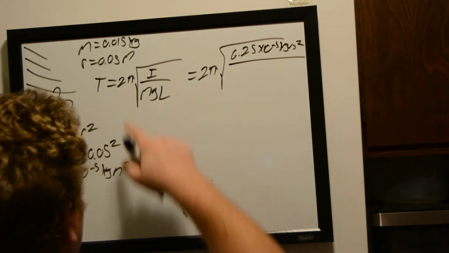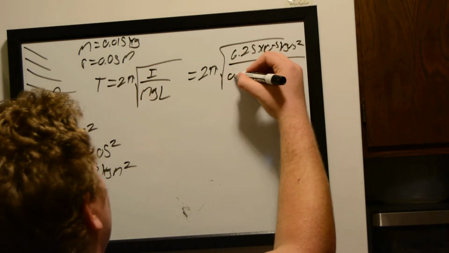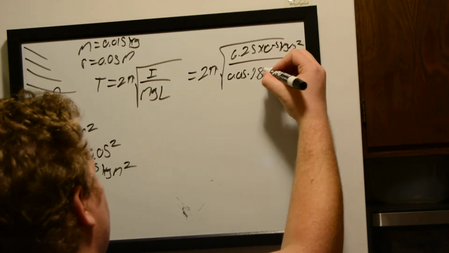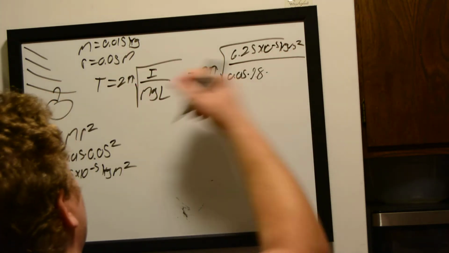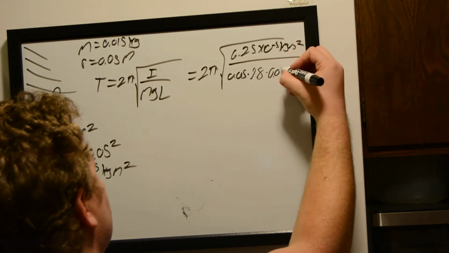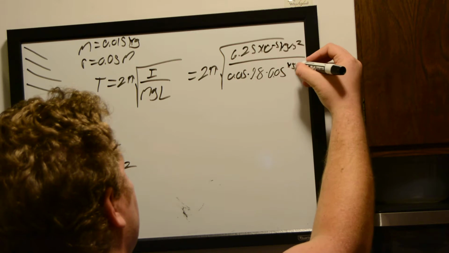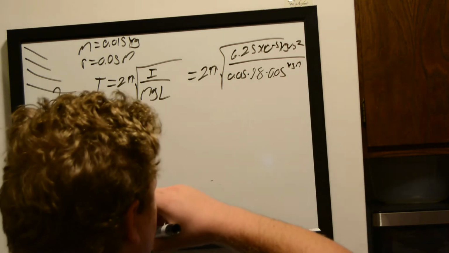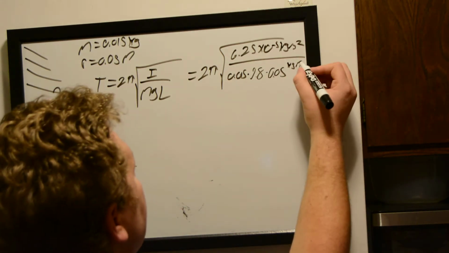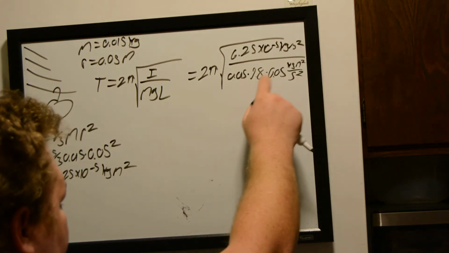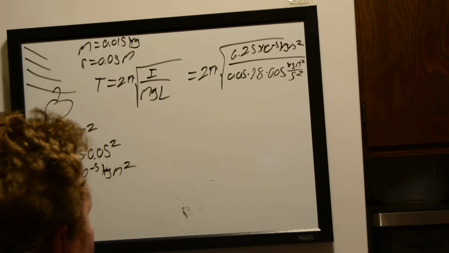And that's going to be over our mass, which is 0.015, times our gravity, which is 9.8, times our length, which is our radius, 0.05. And that's going to be kilogram, meter, meter squared per second squared, from the units for these other variables here.